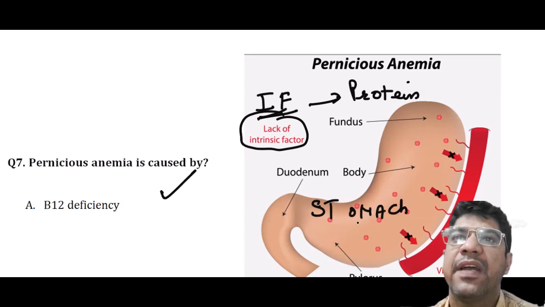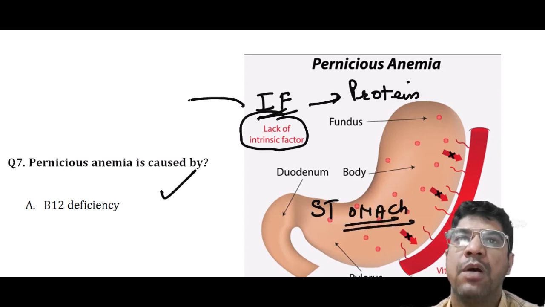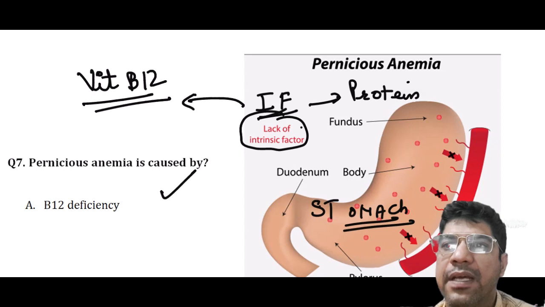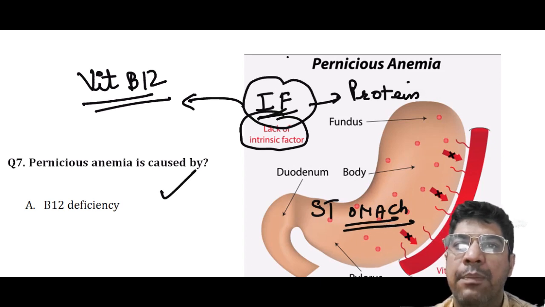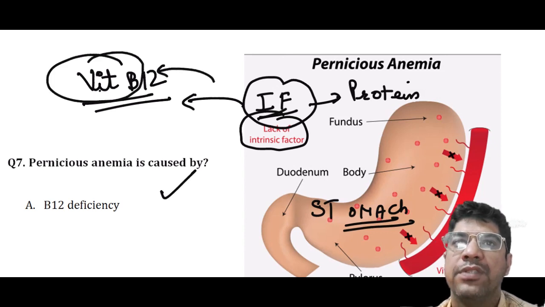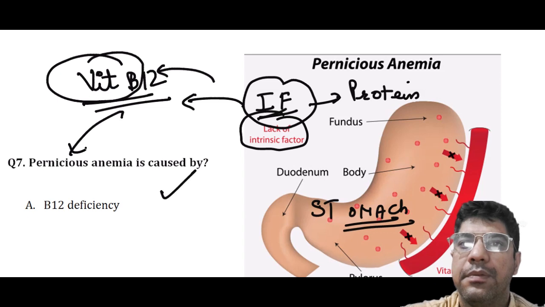This intrinsic factor is responsible for absorption of vitamin B12. When there is a lack of intrinsic factor, it leads to inability to absorb vitamin B12, which in turn causes pernicious anemia.